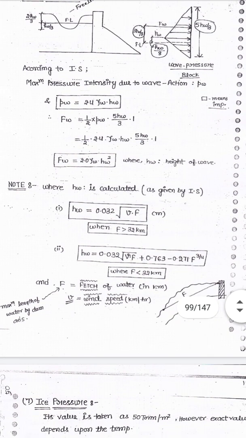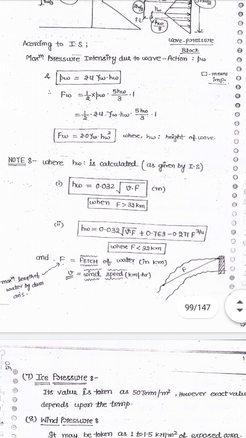And there is another relation when the fetch length is less than 32 km: hw is equal to 0.032 under root VF plus 0.763 minus 0.271 F raised to the 3 by 4, right?